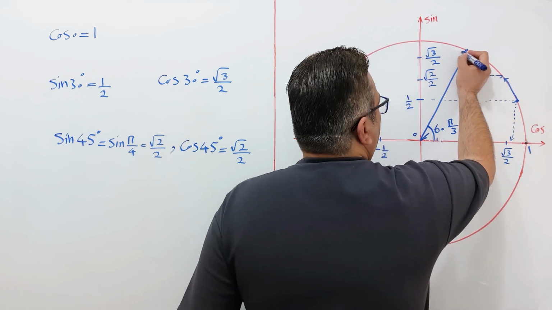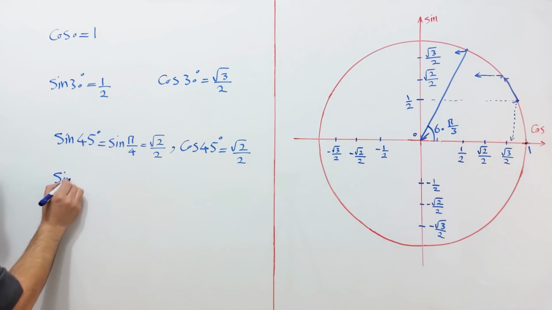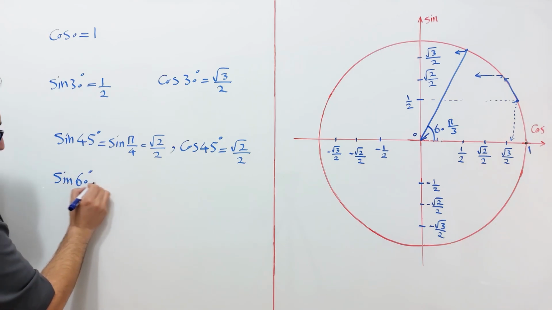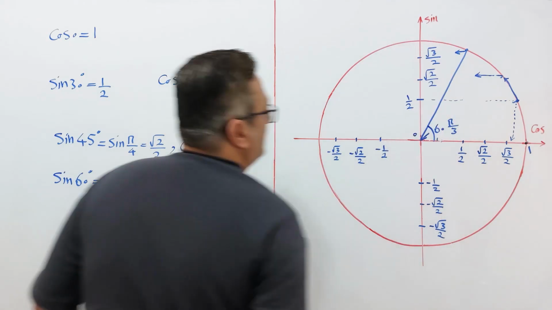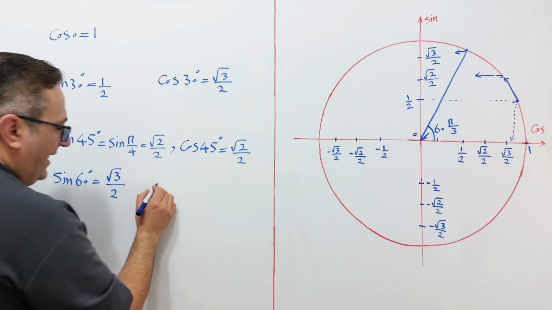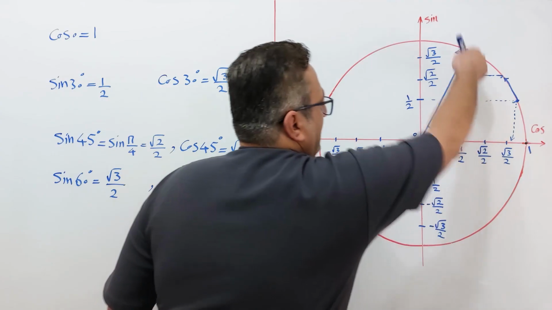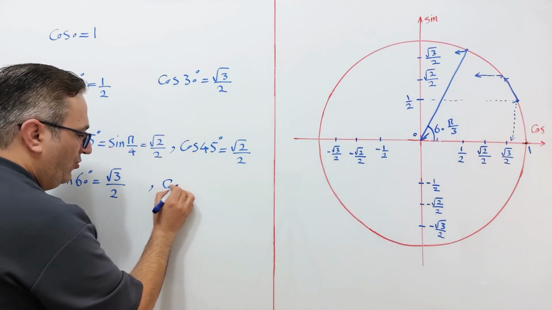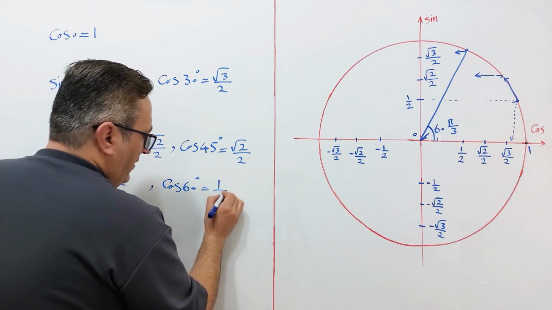If you look at the sine axis, you see sine of 60 degrees is equal to the square root of 3 over 2. And if you look at the cosine axis, you see 1/2. So cosine of 60 degrees is equal to 1/2.